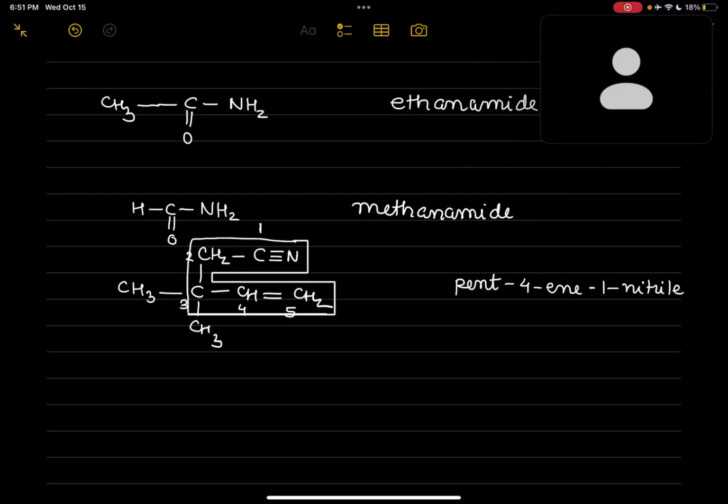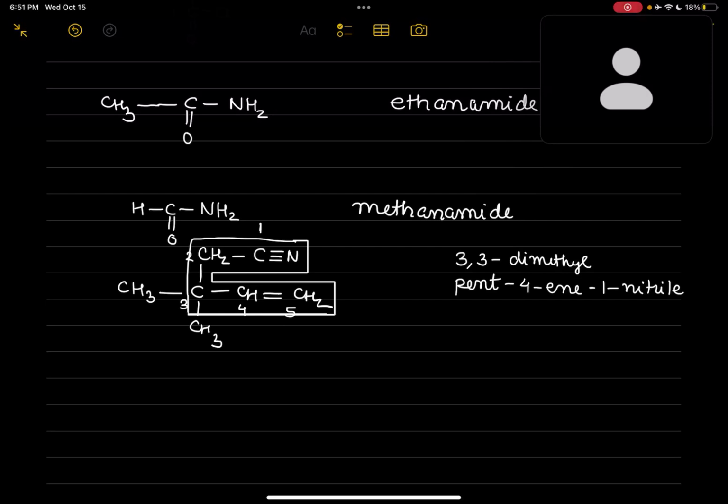Methyl on position 3, and for each you need to write a di prefix.